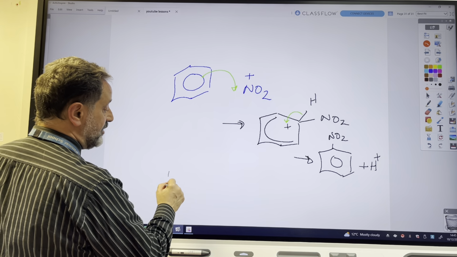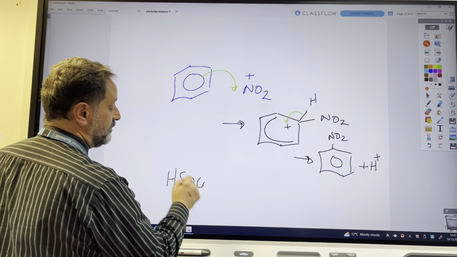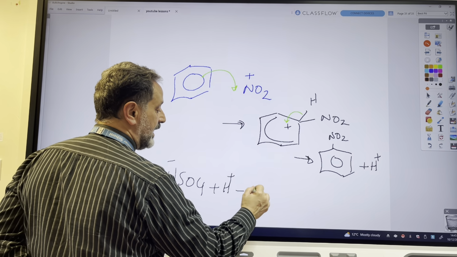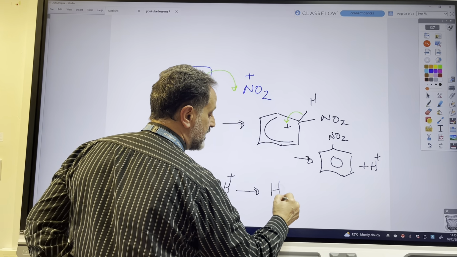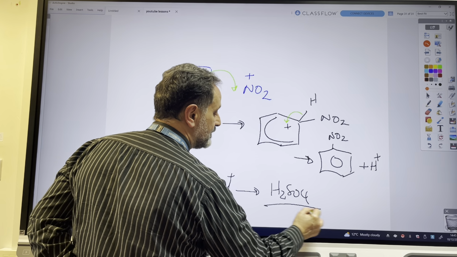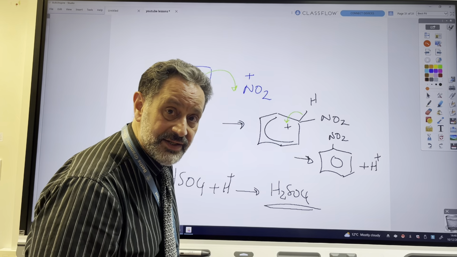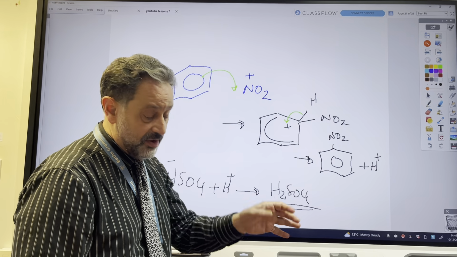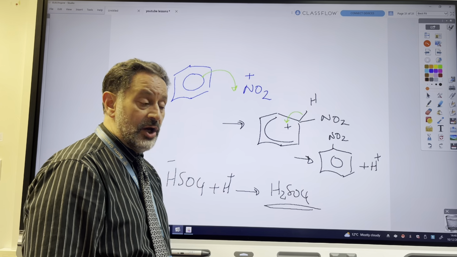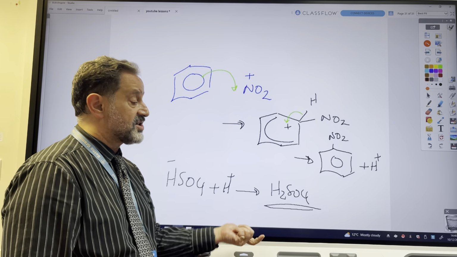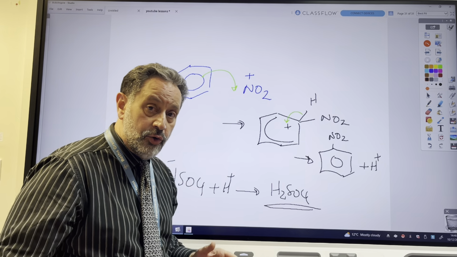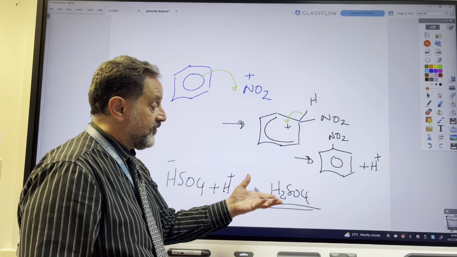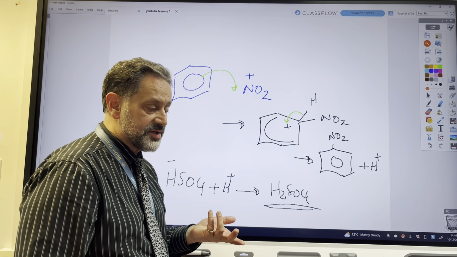Oh, remember your HSO4-, it gains that H+ and regenerates sulfuric acid, your catalyst. So when you add 5 ml of sulfuric acid in there, it's always 5 ml in there. Now you may argue, but that hydrogen isn't the same hydrogen it had before. Who cares? It's hydrogen, isn't it? And therefore your sulfuric acid is always retrieved.